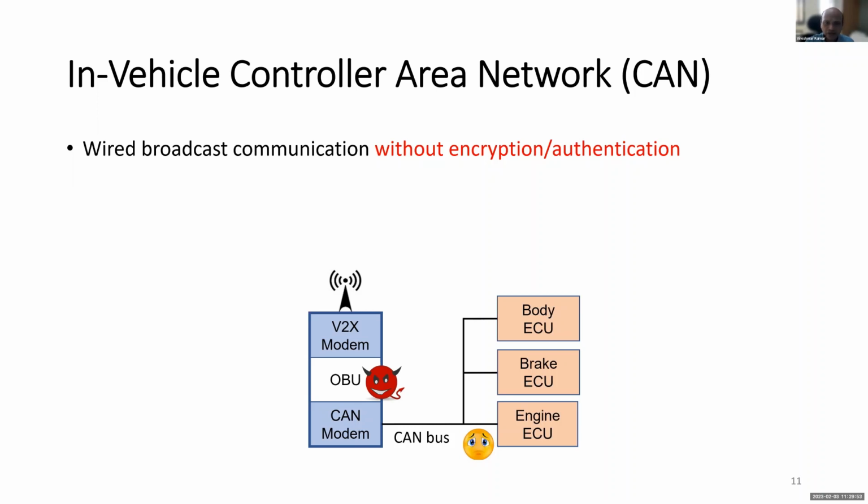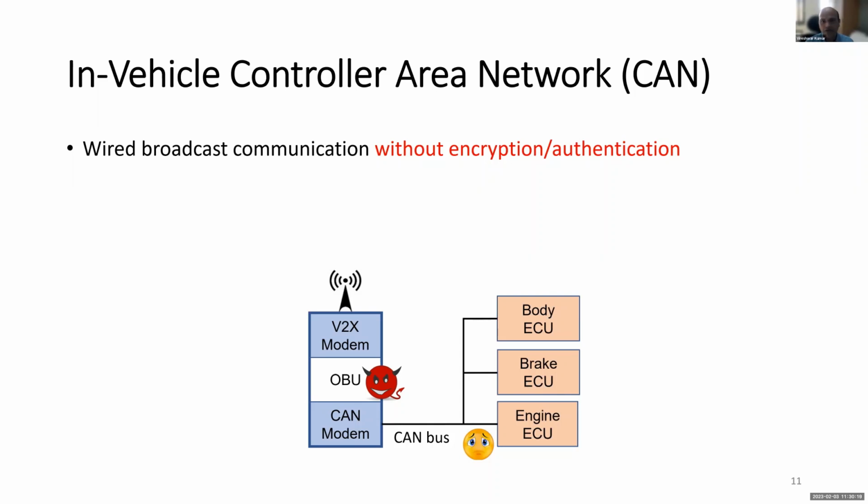And the other is to the CAN bus, the controller area network bus, which connects all these different subsystems. So the body may have one ECU, the brake may have another ECU, the engine may have another ECU. All of these communicate over the CAN bus, and this OBU is facilitating the connection to this CAN bus through this V2X modem.